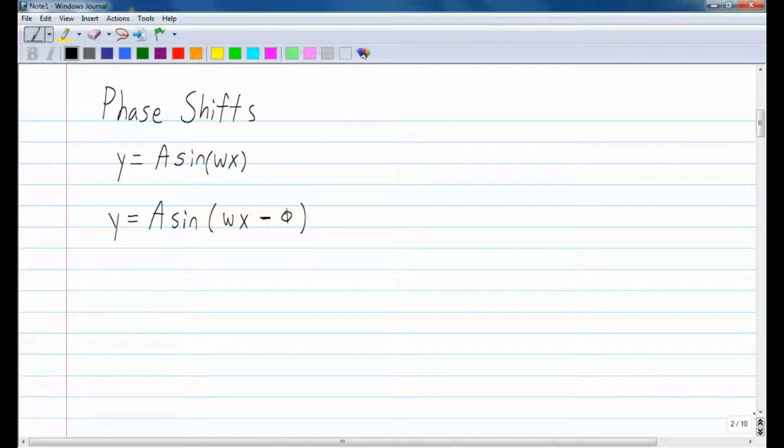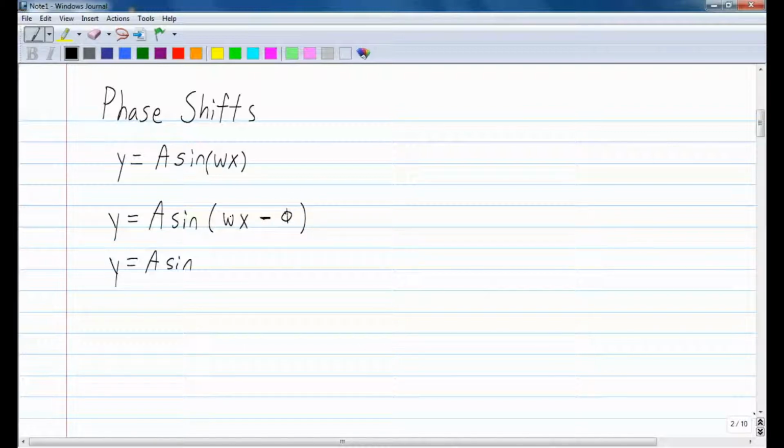Then what we want to do first, if we have a trig function in this form, is to rewrite the trig function by factoring the omega out. So if you look at this problem, you may think, well, I can't factor an omega out because this variable right here doesn't have an omega.